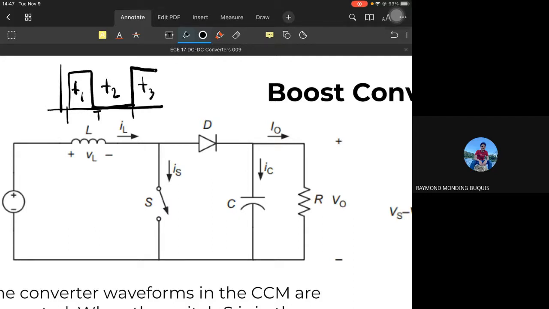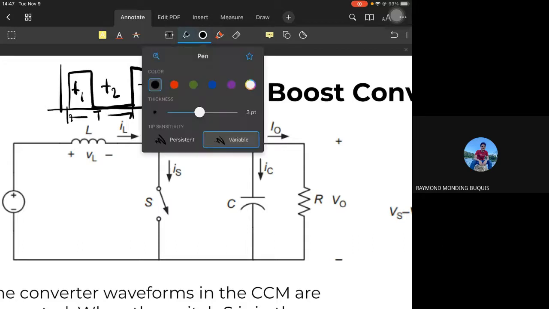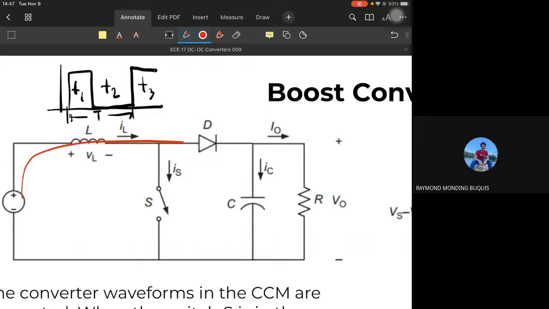T1 and T3 are equal in magnitude. So at the first instance, T1, again, current will flow in this direction.